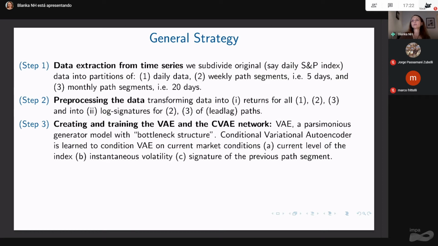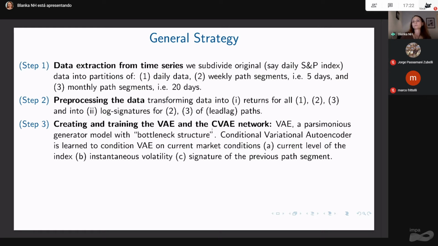So we would like to be able to condition on a certain number of market scenarios or market conditions. What we choose are the current level of the index, the instantaneous volatility at the starting point of the path segment that we're outputting or modeling by the generative model.